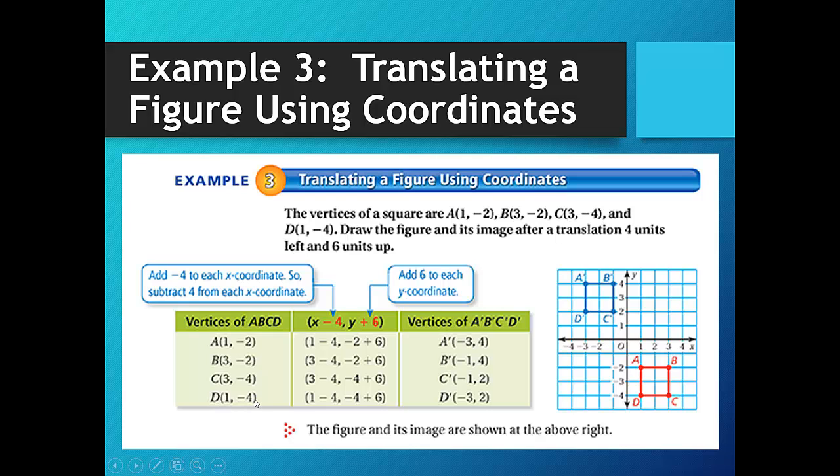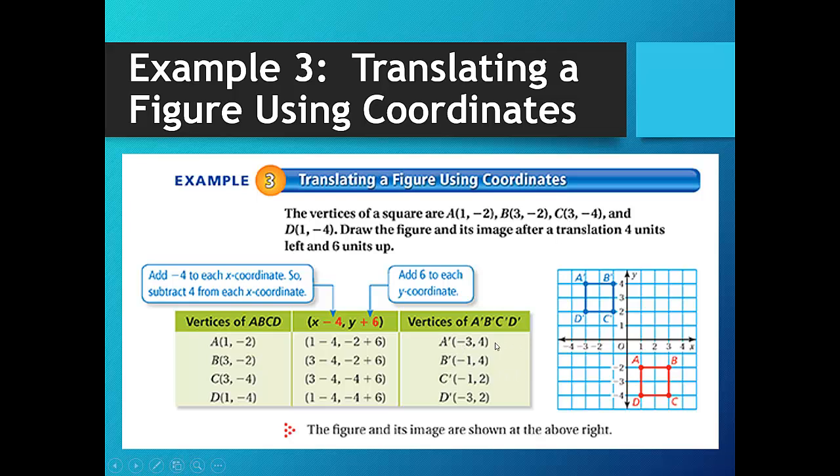D is at (1, -4). We're going to start with our x, which is 1, and subtract 4, and that gives us negative 3. And then for our y, we have negative 4 plus 6, which is 2. So we have for D prime, (-3, 2).